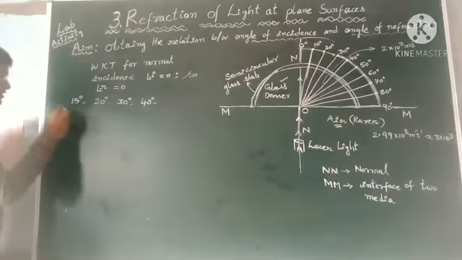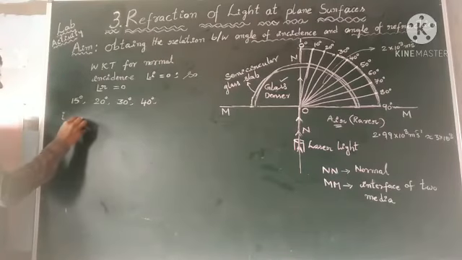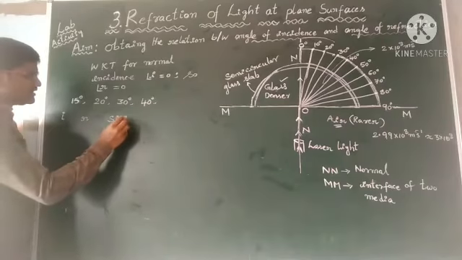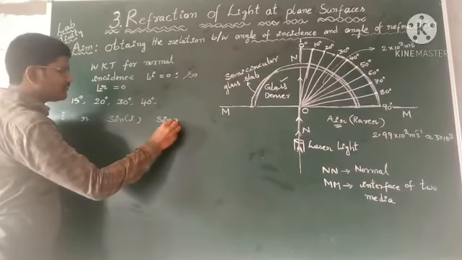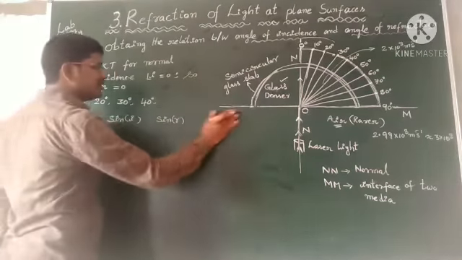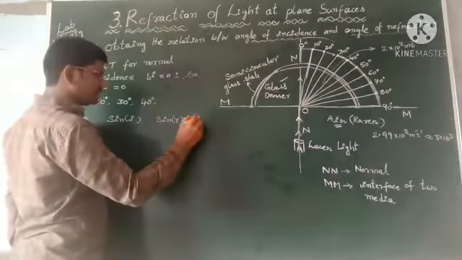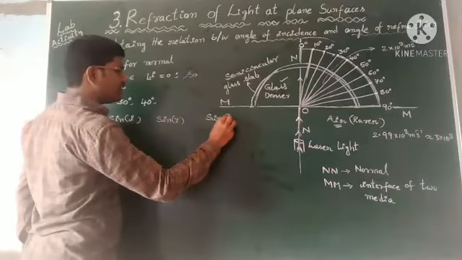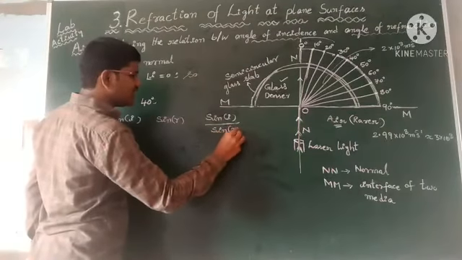Now we'll go for the tabular format. Take the angle of incidence I, angle of refraction R, the sine of the angle of incidence and the sine of the angle of refraction, and take the ratio of sin I by sin R every time.